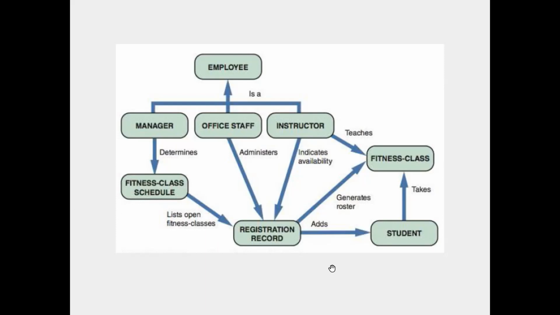Once you do that, you will create a registration code, and that will map a fitness class and then a student, so a student can take the fitness class. So in simple terms, what we try to understand here is that an object model can present complex relationships, and we can also discuss how they relate.